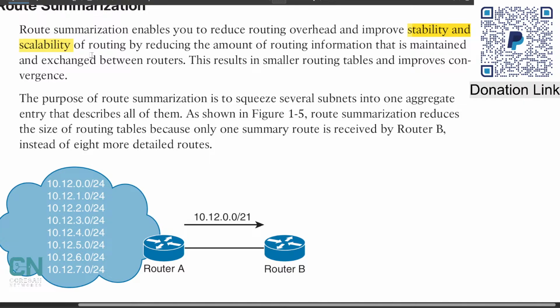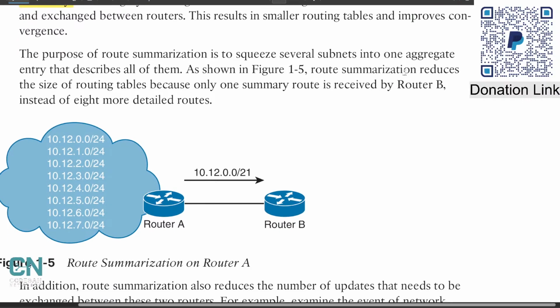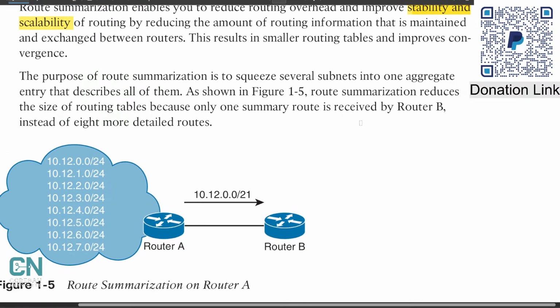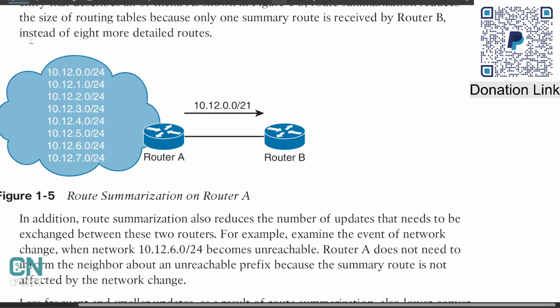The purpose of route summarization is to squeeze several subnets into one aggregate entry that describes all of them. As shown in figure 1.5, route summarization reduces the size of the routing table because only one summary route is received by router B instead of 8 more detailed routes.